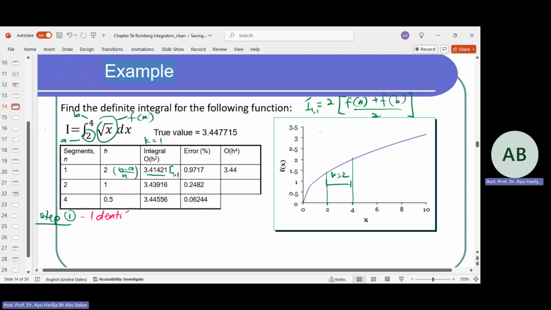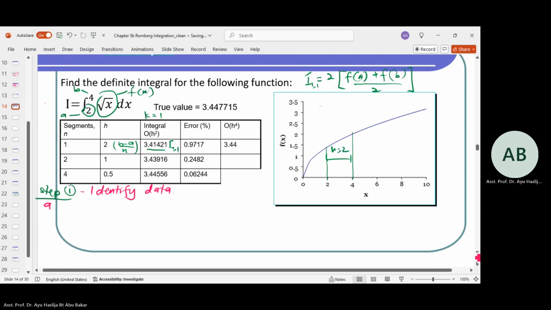For the first segment, we know N equals 1, so H is 2. Now, how about the rest? You need to identify each data point that you require. For N equals 1, you only have A and B, which are 2 and 4.